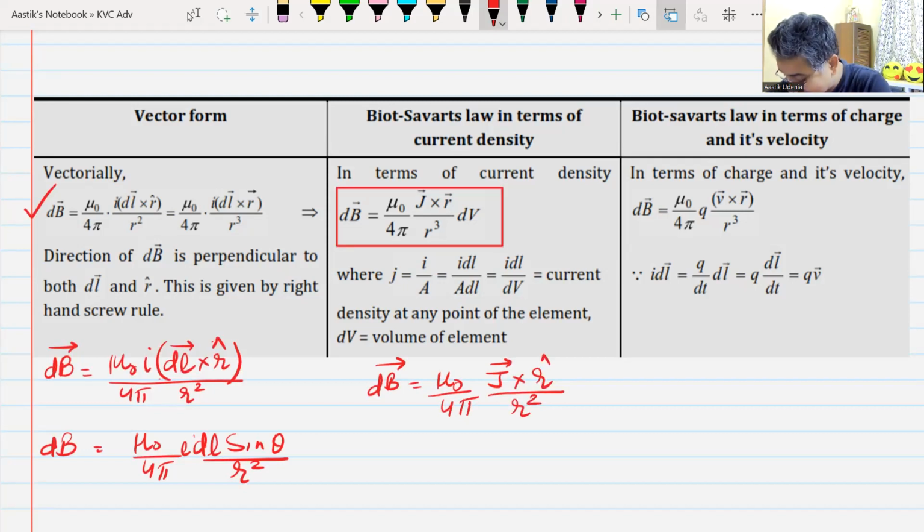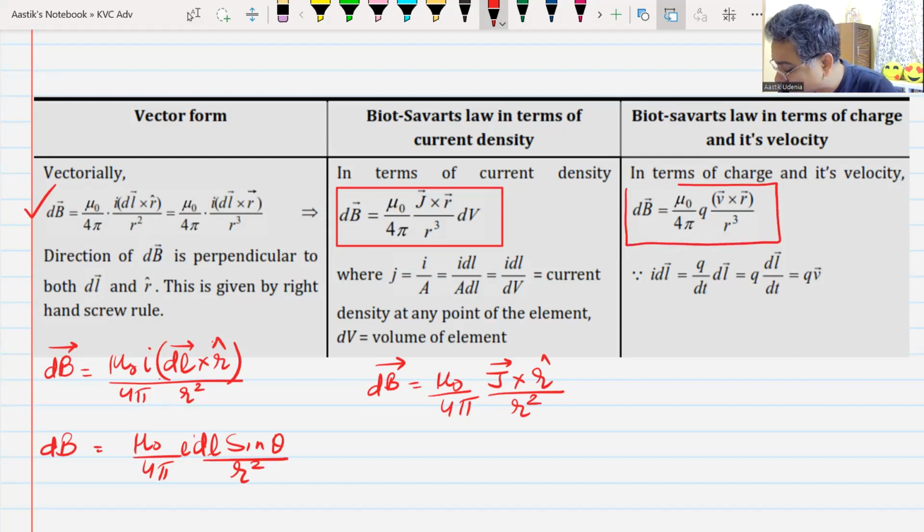Do you understand this? Yes. If I want to write this in scalar form, you can write j sine theta by r square. That form we don't use, so that's why I'm not stressing it.